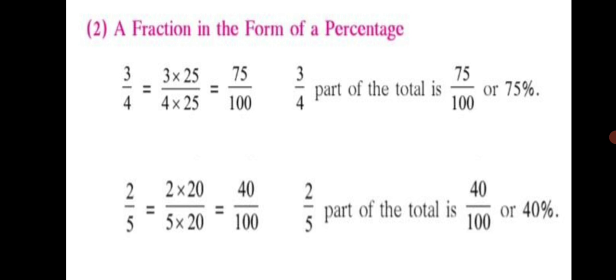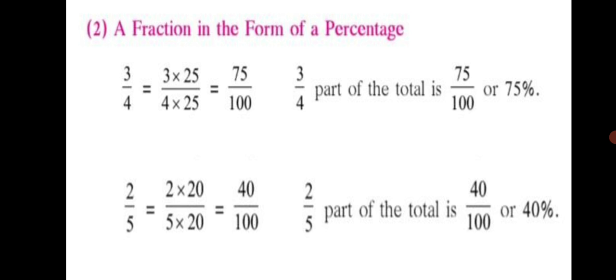One more example, 2 upon 5. We need to convert 5 into 100. 5 2s are 10 and one more 0, 20. 5 20s are 100. So we multiply the numerator and denominator both by 20 in order to get the denominator 100. In the numerator 2 into 20 is 40, and in the denominator 5 into 20 is 100. 40 upon 100 means 40%.